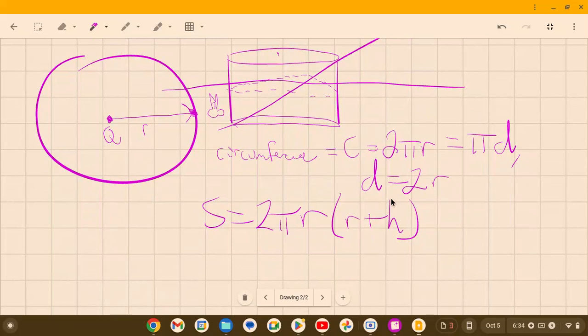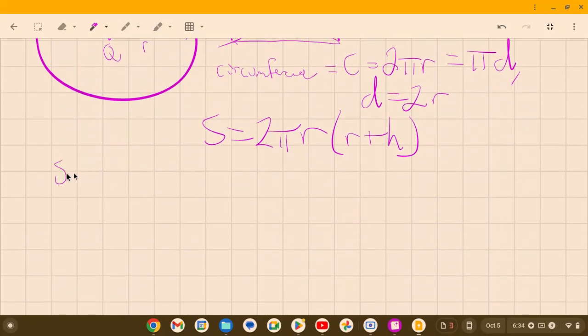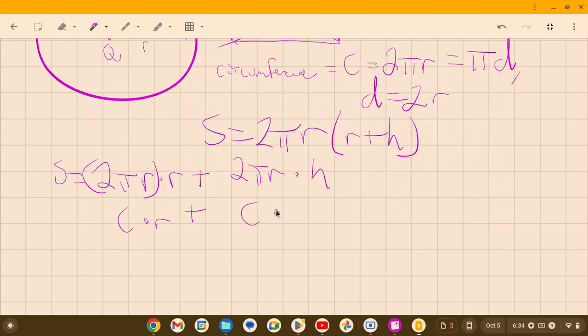So what this is actually doing, I'm going to distribute. So S equals 2 pi r times r plus 2 pi r times h. So what does that mean? Well, 2 pi r, we said, was the circumference of a circle. So that's C times r plus C times h.